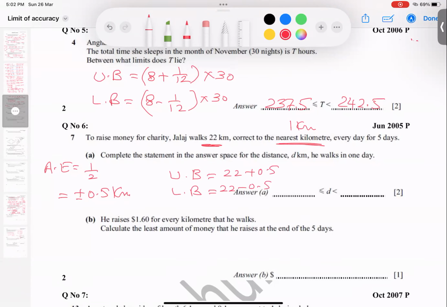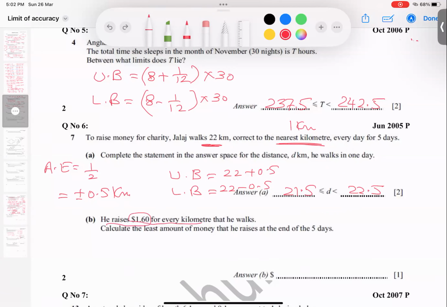So upper bound is 22.5 kilometers and lower bound is 21.5. This is for one day, students, not for 5 days. Make sure.